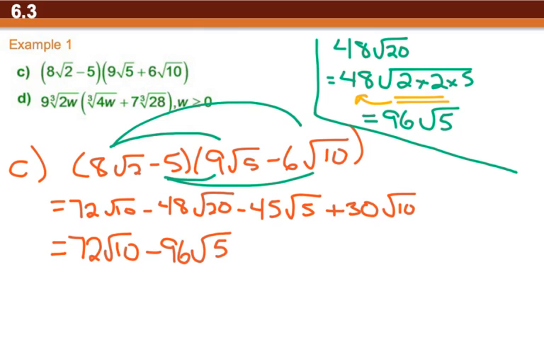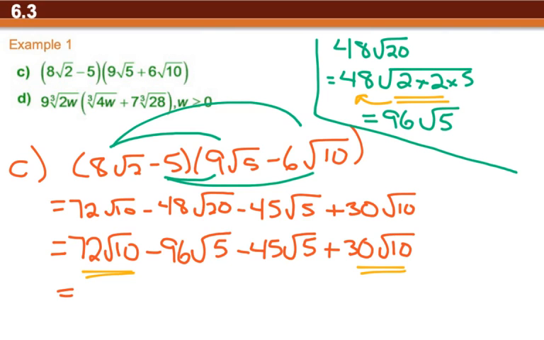Next term we have is that 45 root 5. The root 5 can't be simplified anymore, so that one will stay as is. And 30 root 10, just like with 72 root 10, can't simplify that in any useful way. We do have some like terms now that we can combine. We have 72 root 10 and 30 root 10.